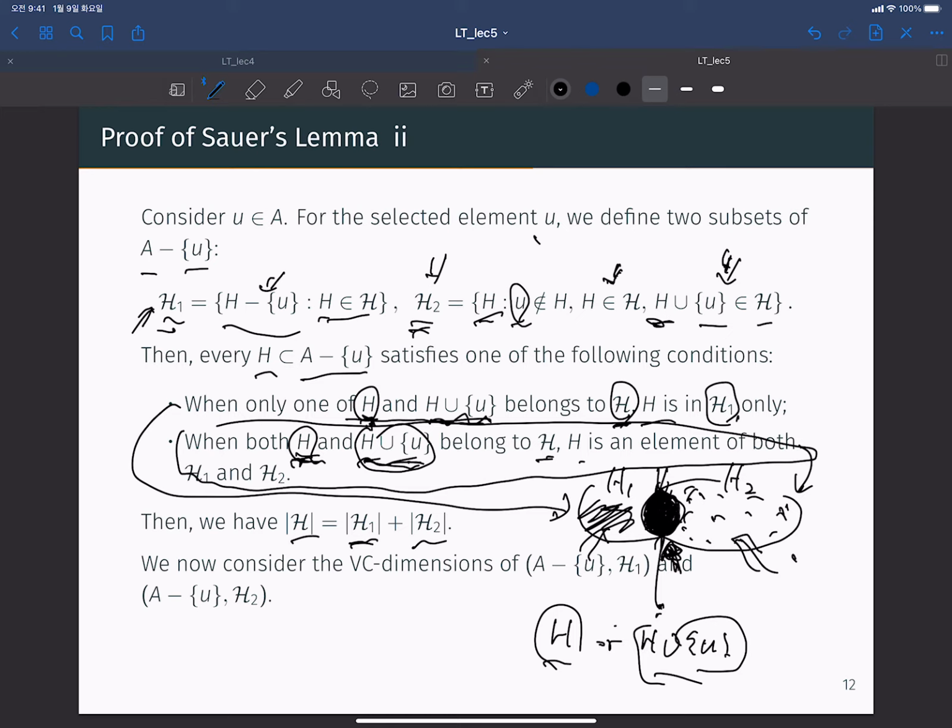And that's why the cardinality of the original hypothesis is equal to the cardinality of H1 plus the cardinality of H2.